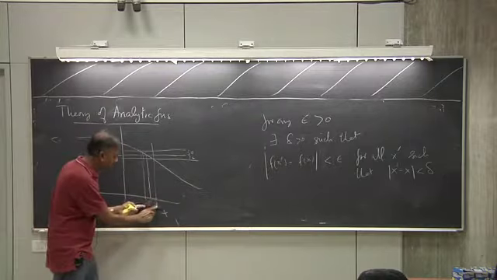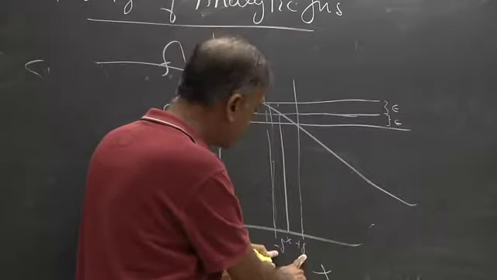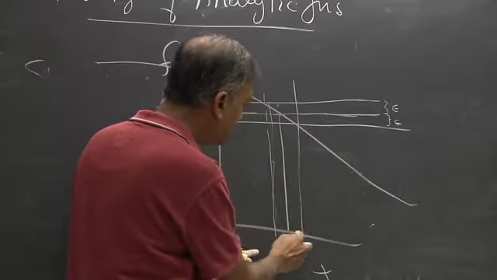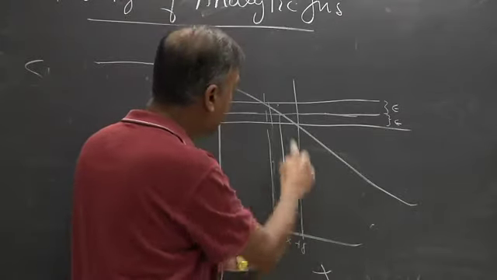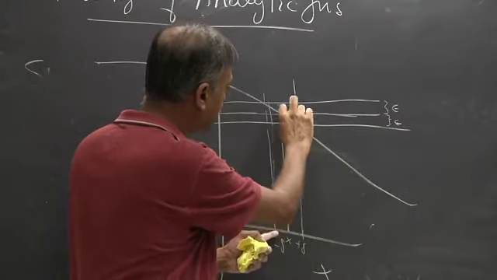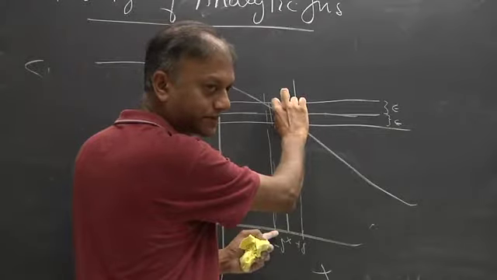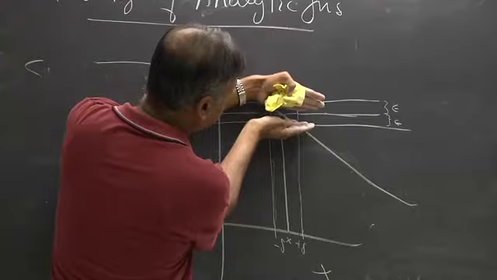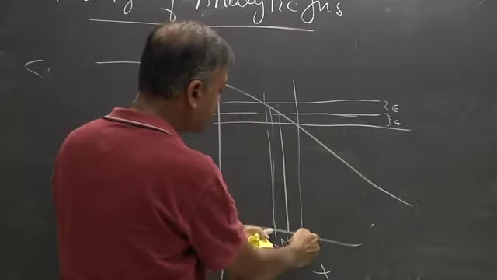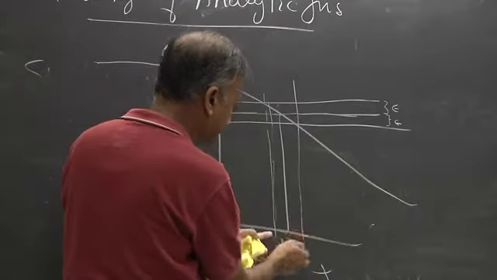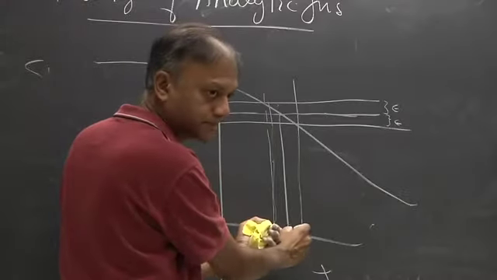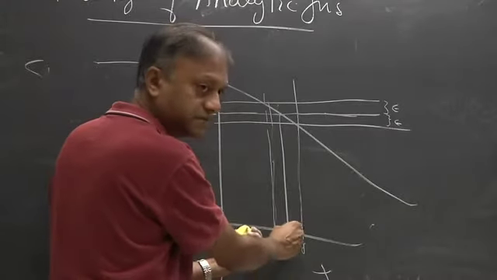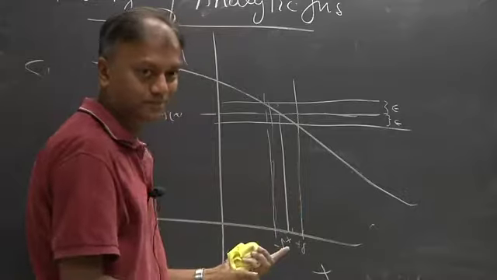We are saying that you can always find a delta such that for all points in between here, the value of f is inside this band. As you bring epsilon smaller and smaller, this delta will of course become smaller and smaller, but you can still find some delta such that this is true.